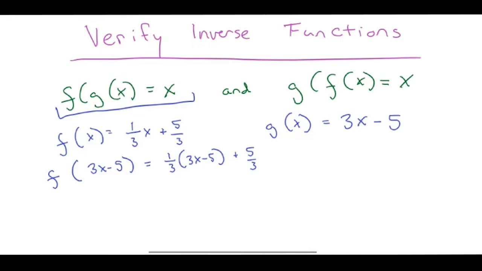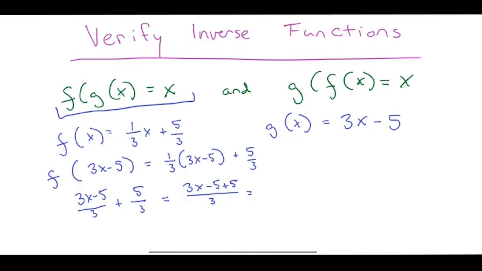Well, let's simplify that. That'll be 3x minus 5 over 3 plus 5/3. Notice that they both have a 3 on the bottom. The denominator is 3, so they have common denominators, so I can combine them into one fraction. So they will be 3x minus 5 plus 5 over 3.